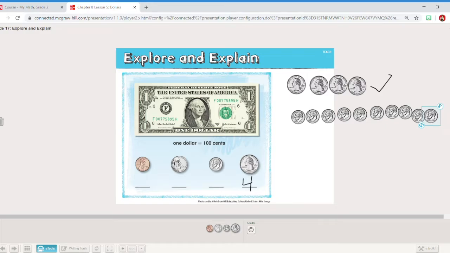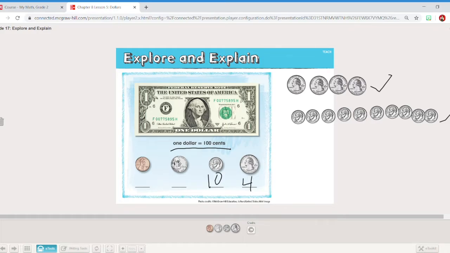I'm lining them up so we can see it clearly. 1, 2, 3, 4, 5, 6, 7, 8, 9, 10. 10 dimes equals 100 cents, also known as a dollar. Now we're going to need a lot of nickels and a lot of pennies, so I might not be modeling with the coins themselves.